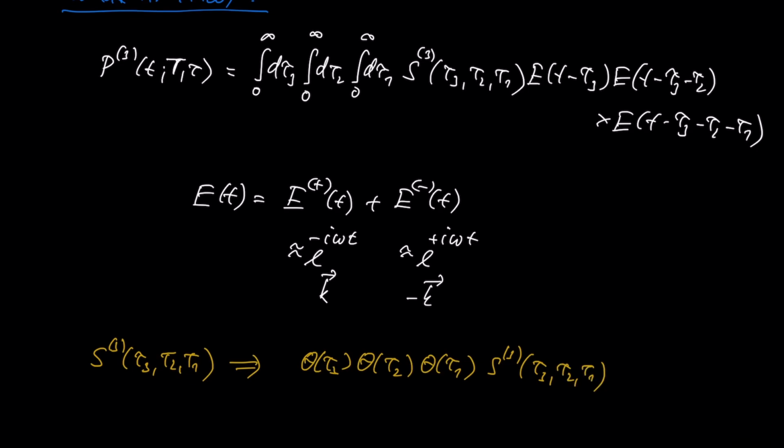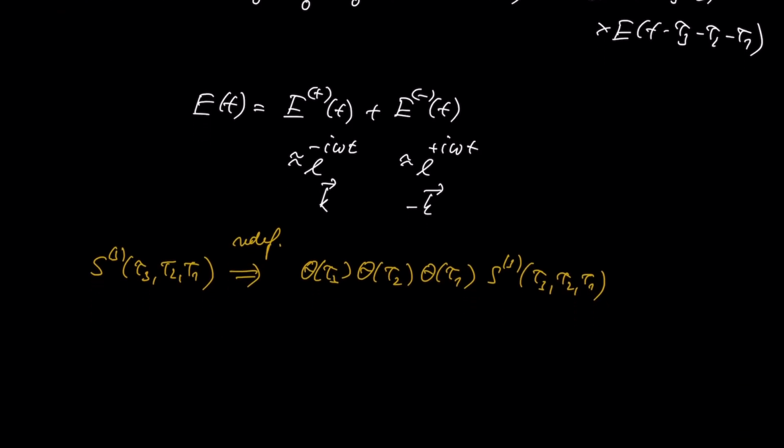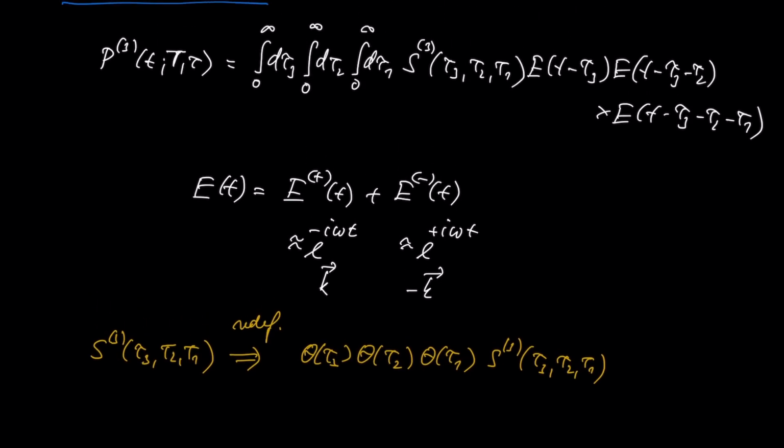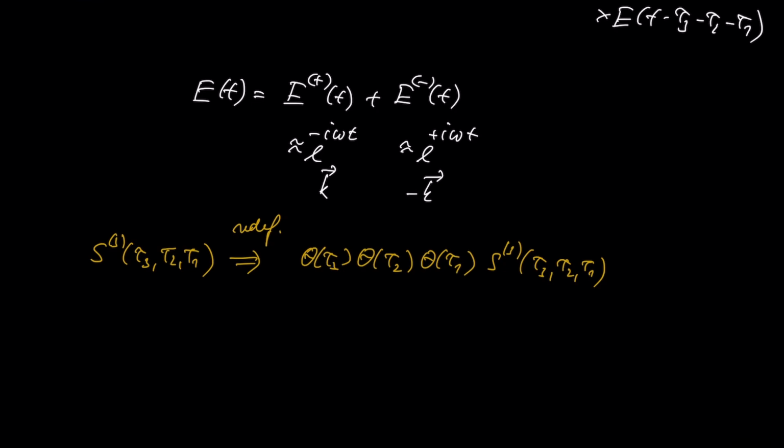So we redefine it this way, and that will allow us to write the polarization basically using a Fourier transform. Instead of the 0 in the lower limit of the integral, we will be able to write minus infinity.